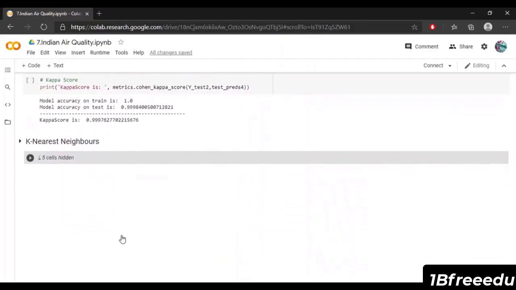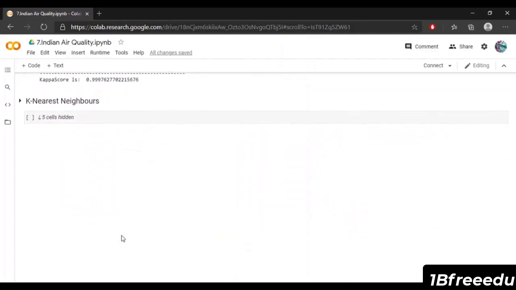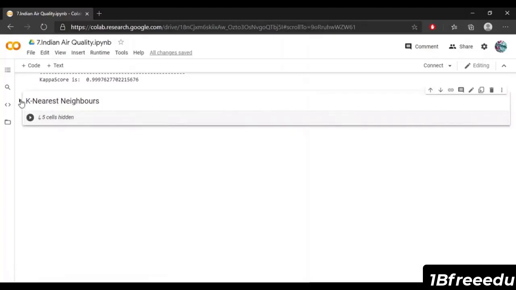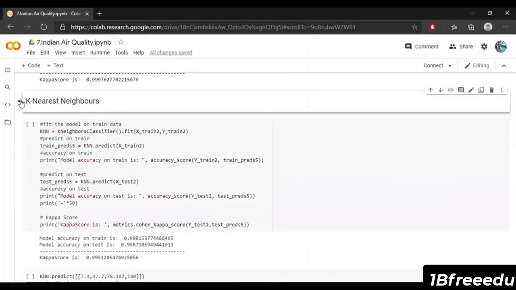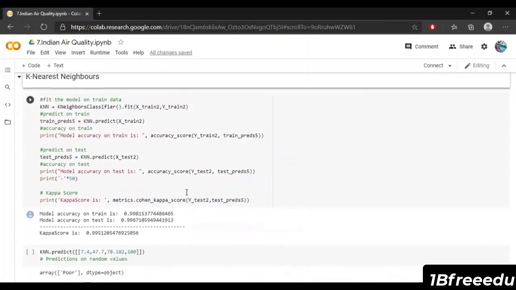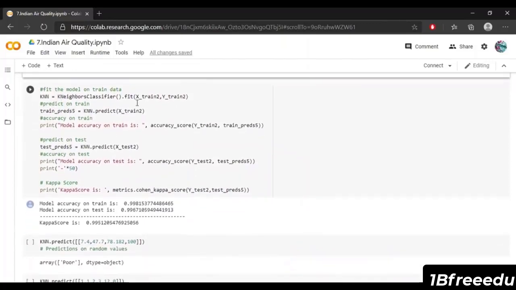And in the end, this is our last classification algorithm, which is the k nearest neighbors, a non-parametric lazy learning algorithm. Over here you can see that the k nearest neighbors has been fit on X train 2 and Y train 2. Again, same procedure has been repeated.